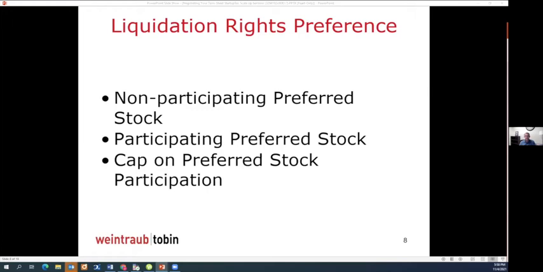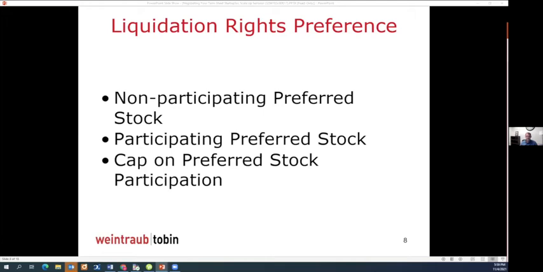Liquidation is when the company is selling off all its assets. So non-participating preferred stock basically means that, in general, the preferred stock is going to get a return of its capital, or perhaps a multiple of its capital, prior to anything else going to the common shareholders.